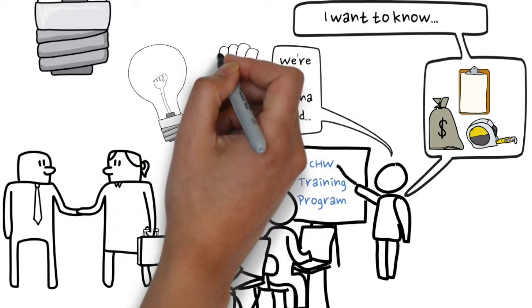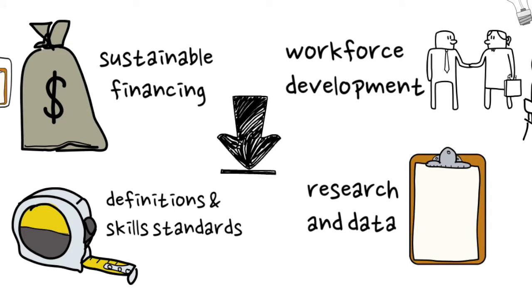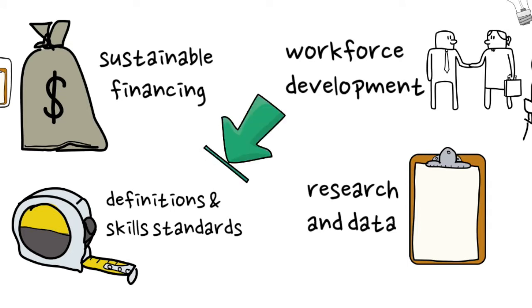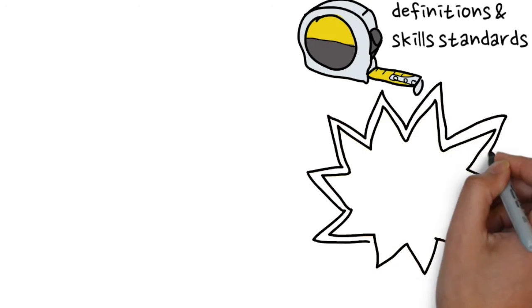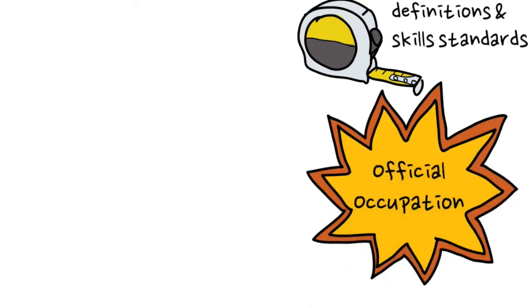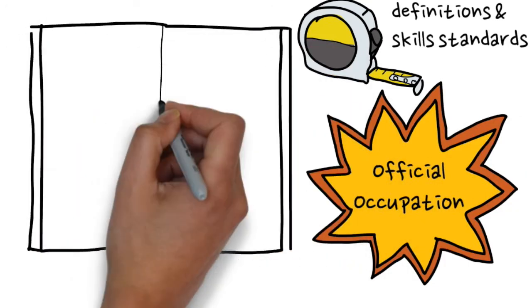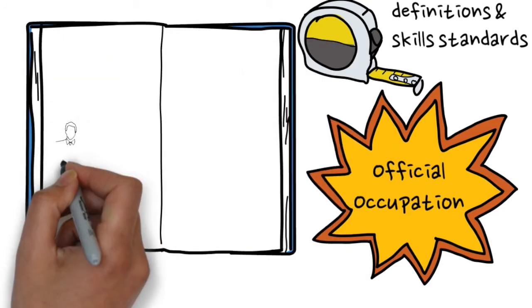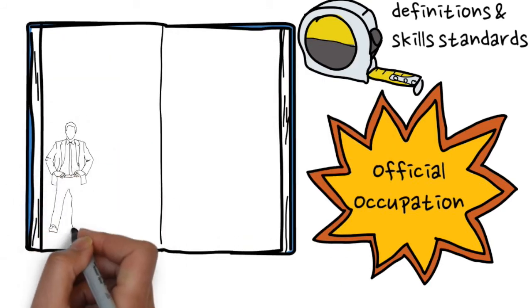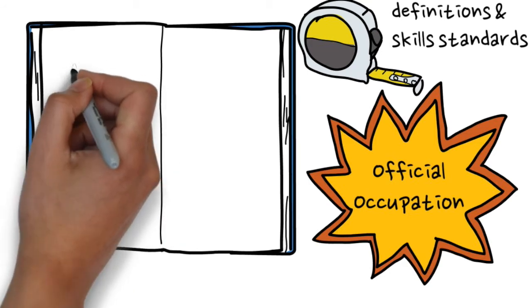There are coalitions out there in several states who are starting with credentialing or certification as a way for the state government to officially recognize CHWs as an occupation. Getting support for the definition of a new occupation will certainly require stakeholder awareness and education.